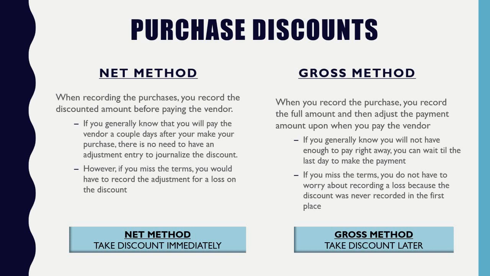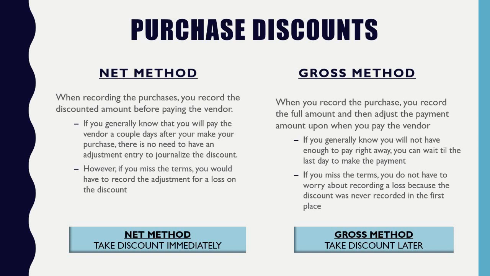When we talk about the net method, you're going to calculate the discount out immediately, meaning you record the amount as if you already paid for it and already discounted the amount out. With the gross method, you're going to record it as is, and when you meet that condition or when you pay, then you recognize that you can take your discount.